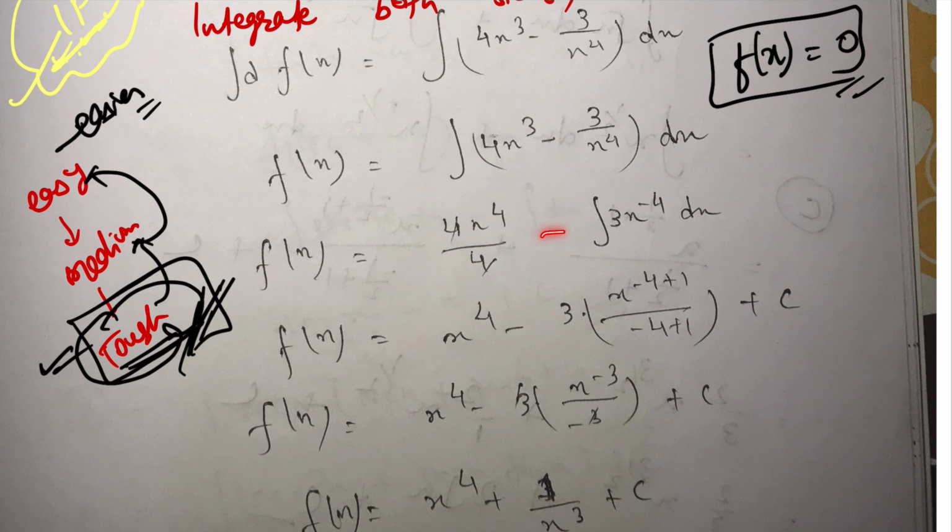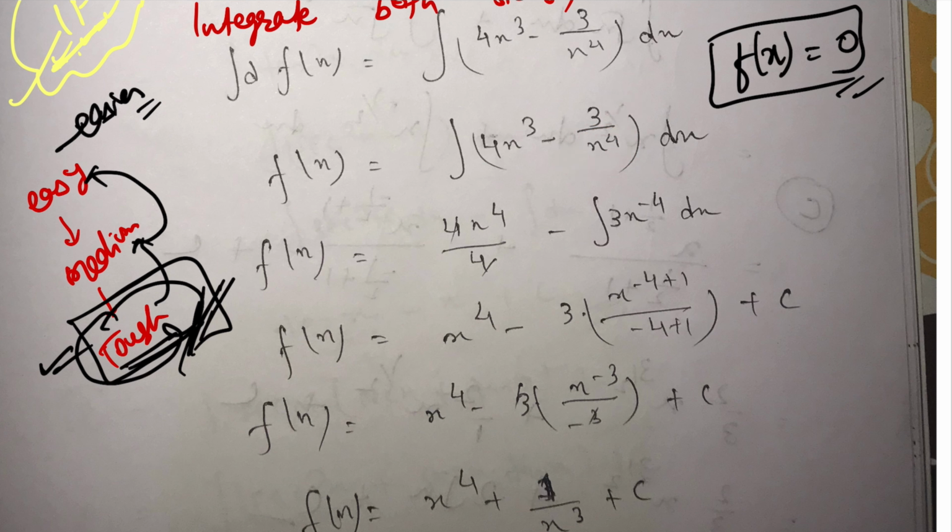Then minus, and the same thing here: 3 by x to the power 4. We cannot do integration in division form, right? You understand that already, and you know that there is no formula for integration in a division form. So what we do is take this x to the power 4 to the upper portion, so it will be x to the power minus 4.